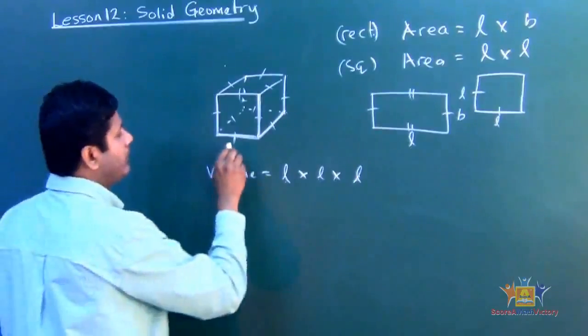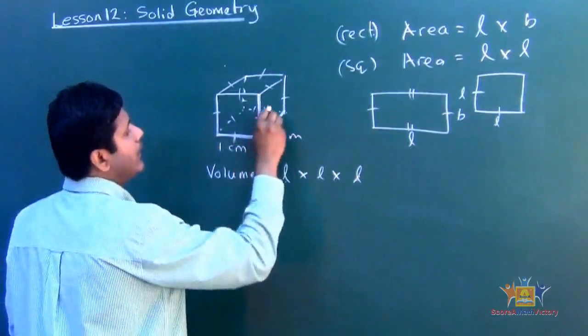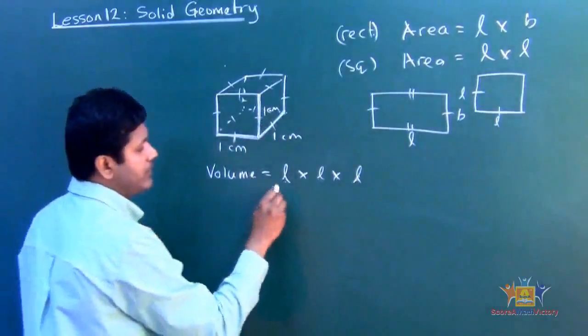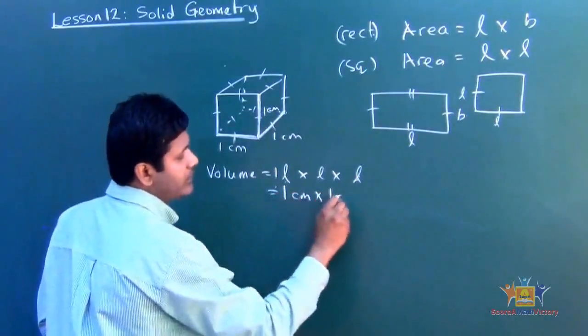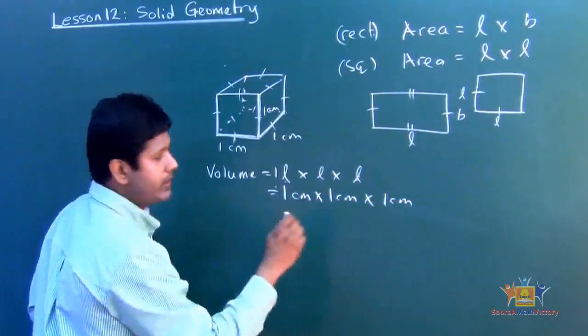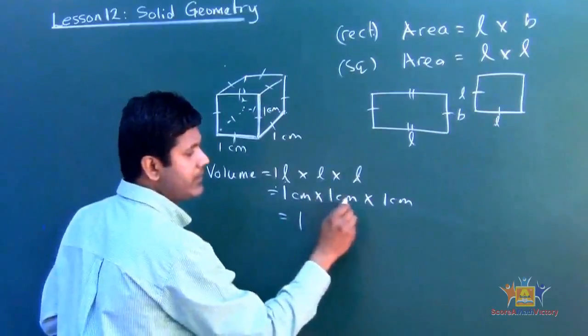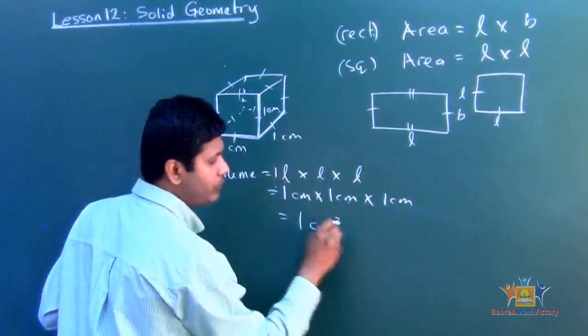For example, let's say this is 1 centimeter, 1 centimeter, and 1 centimeter. So that means 1 centimeter times 1 centimeter times 1 centimeter. 1 times 1 times 1 is 1. Centimeter times centimeter times centimeter. See how many centimeters there are? 1, 2, 3. You put 3.